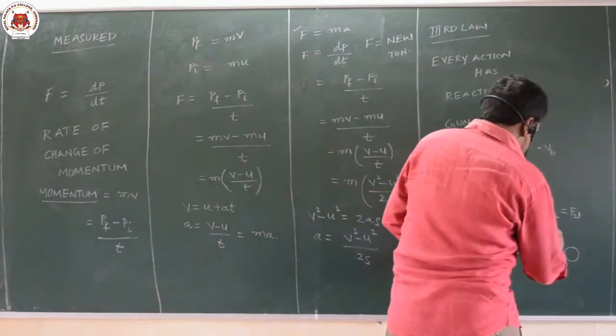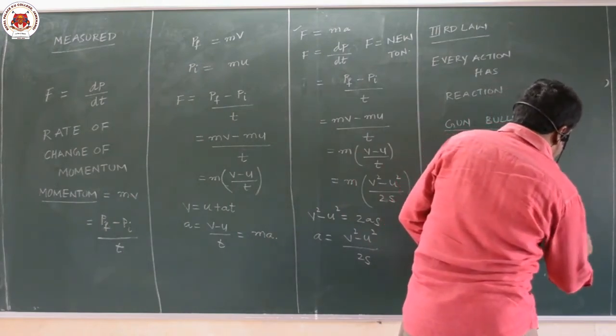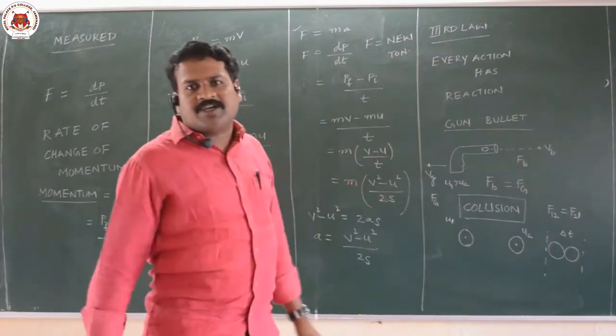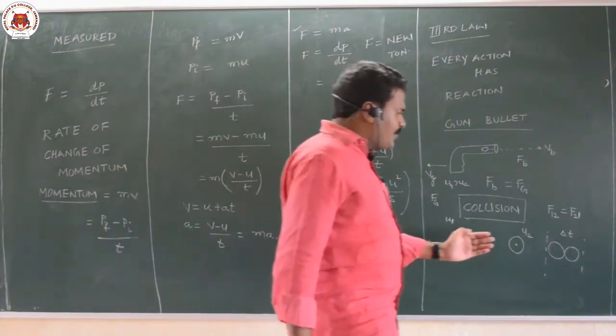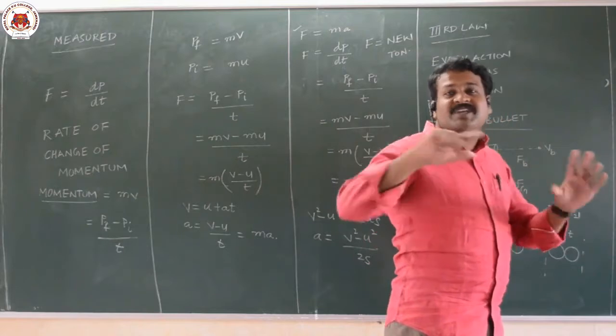Collision occurs for a very short period of time, because an accident will not occur for hours. An accident is a sudden shock. It occurs for a short time period where the momentum of one body is given to the other body and momentum is mutually exchanged.